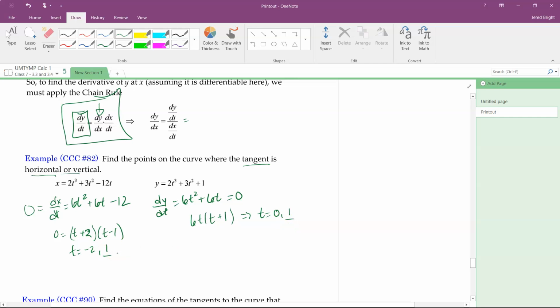At t equal to 1, it would be both vertical and horizontal. And now I see I made a little error. That should be a minus 1 over there, shouldn't it? Now it does say find the points. These are t values, so I have 0, minus 1, 1, and minus 2, and I still need to find the x and y values.